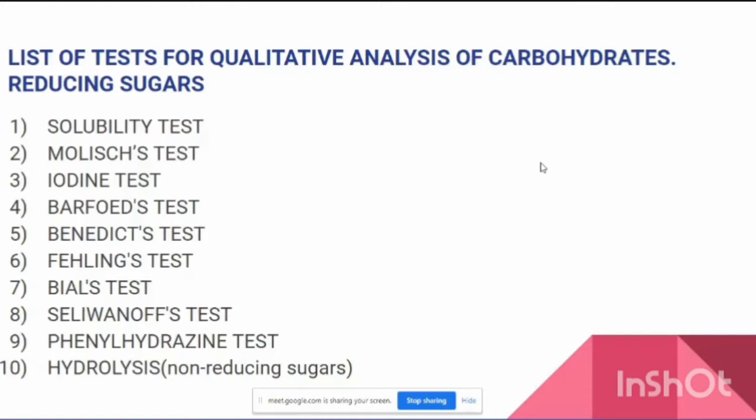The list of tests are: solubility test, Molisch's test, iodine test, Barfoed's test, Benedict's test, Fehling's test, Bial's test, Seliwanoff's test, phenylhydrazine test, and finally the hydrolysis test if the carbohydrate is a non-reducing sugar.